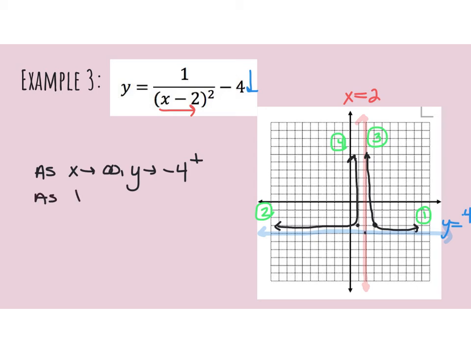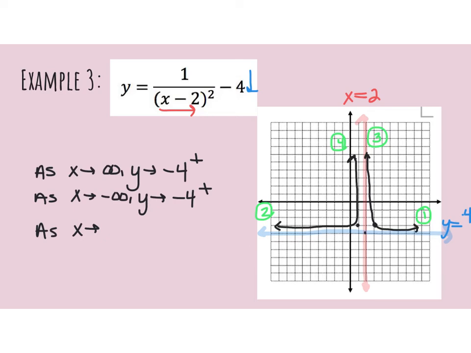Arrow 2, x this time is going to negative infinity. So as x approaches negative infinity, y is approaching -4 again from the top. So these two statements are the same. Statement 3 is as the behavior approaches the vertical asymptote. So our vertical asymptote was at 2.